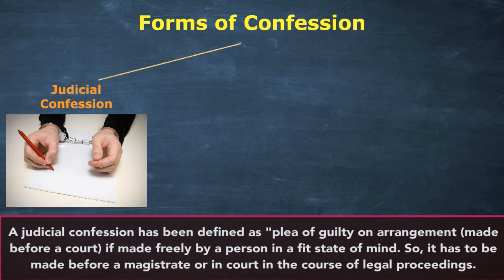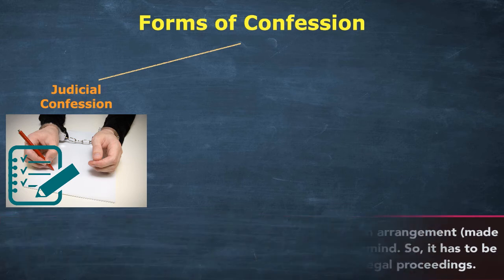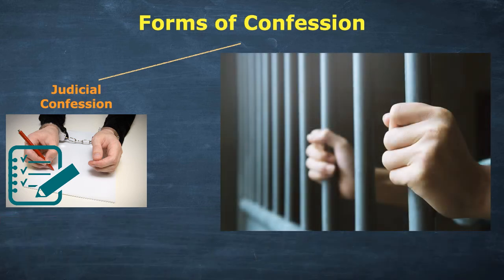Simple. And what is a plea of guilty on arrangement? It means if you accept and confess your act, your offense, then possibly you will be given a lesser punishment than the defined punishment for that particular crime.